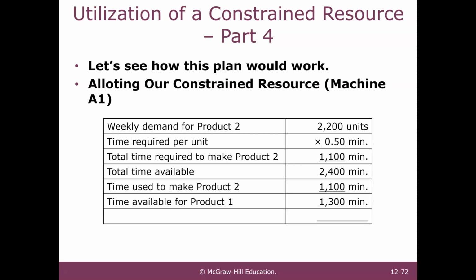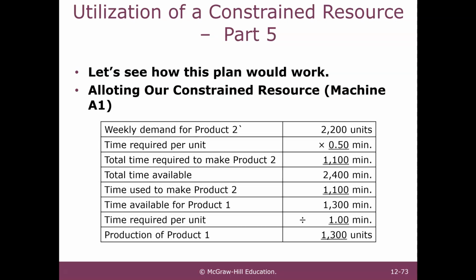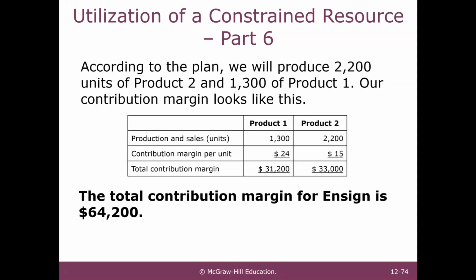They only need 1,100 to fulfill the demand for product 2. Subtract the 1,100 minutes for product 2 from the 2,400, and you get 1,300 minutes. You will spend the remaining 1,300 minutes making product 1.